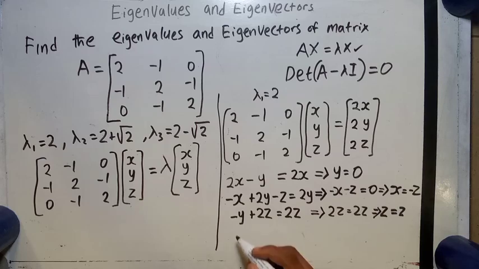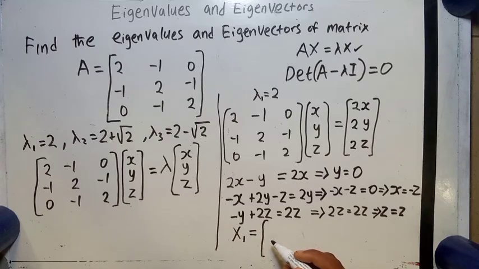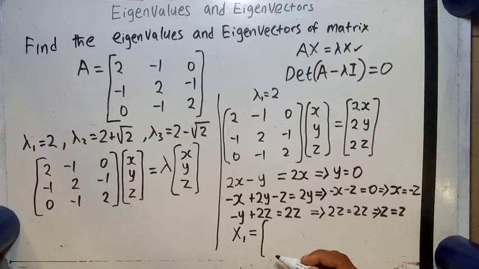So we can now go further to say that our x1, for our x, we have minus z. But I would like to represent everything in terms of x.